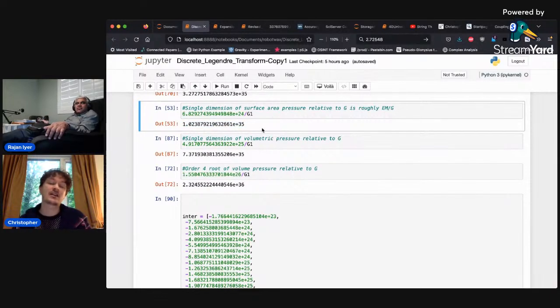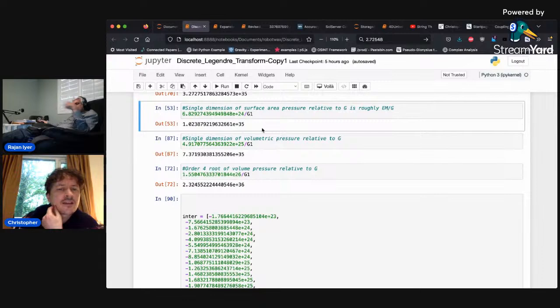Oh, it's the inverse. Yeah, good point. But I think that's okay though, because we're just saying that it's different by an order of 35. So I don't think it matters whether it's an inverse or not, does it? Maybe I'm wrong. Maybe I need to rethink this.